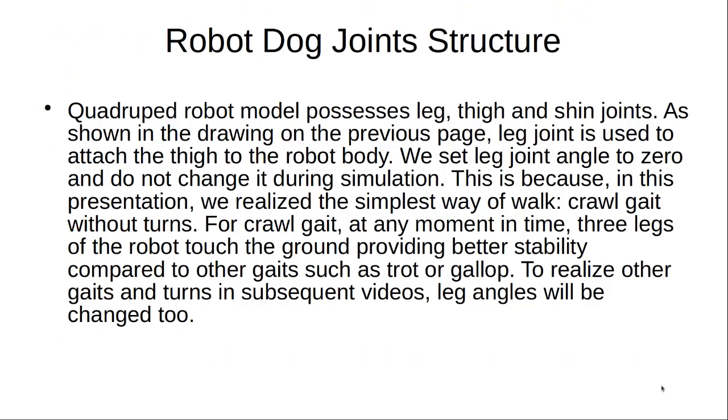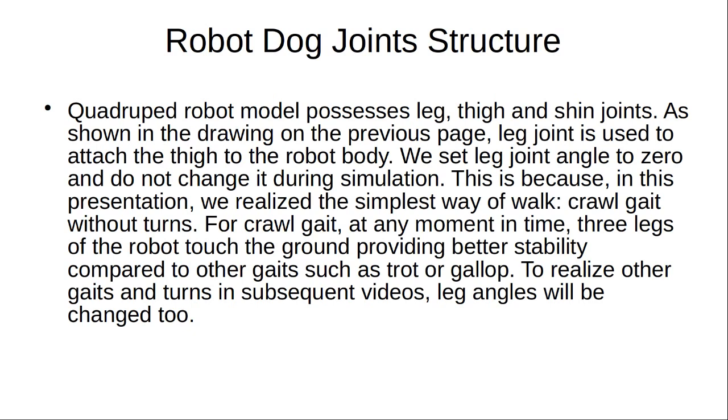Robot dog joint structure. The quadruped robot model possesses leg, thigh and shin joints. As shown in the drawing on the previous page, the leg joint is used to attach the thigh to the robot body. We set the leg joint angle to 0 and do not change it during simulation.